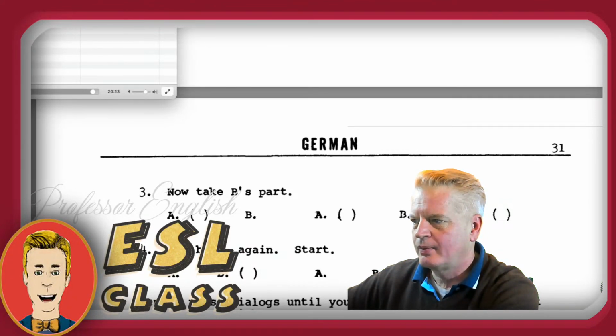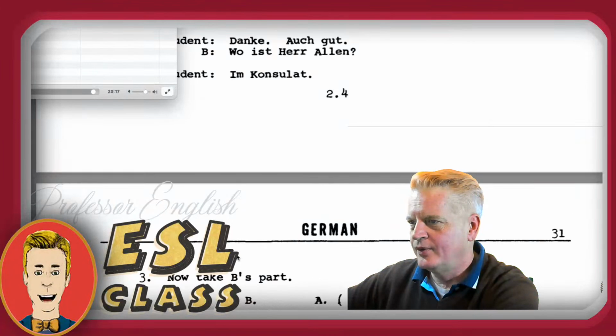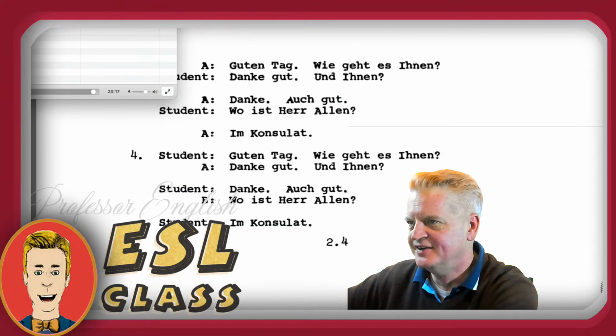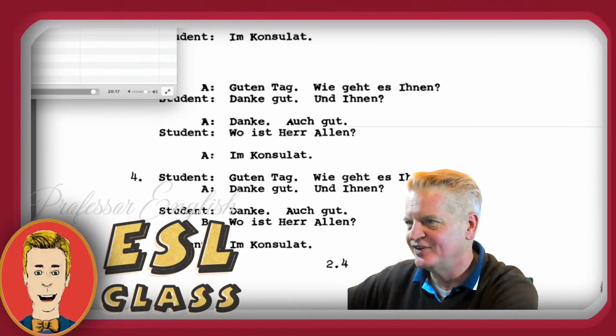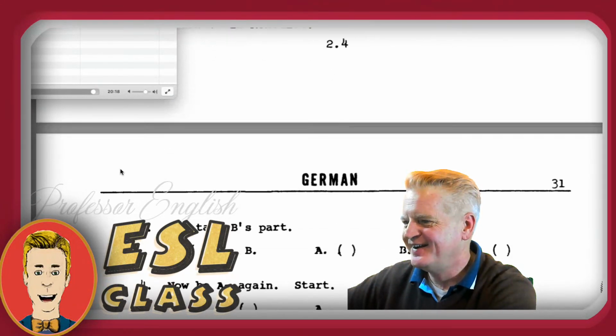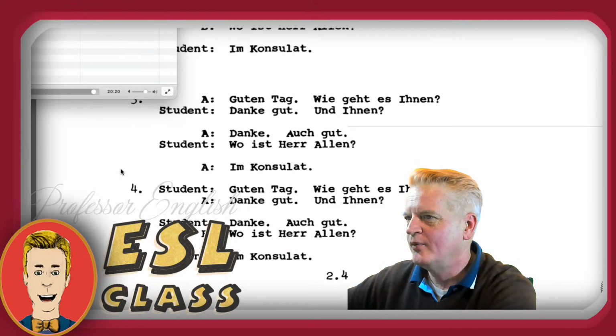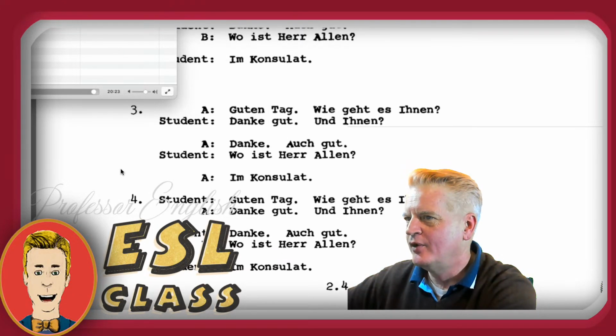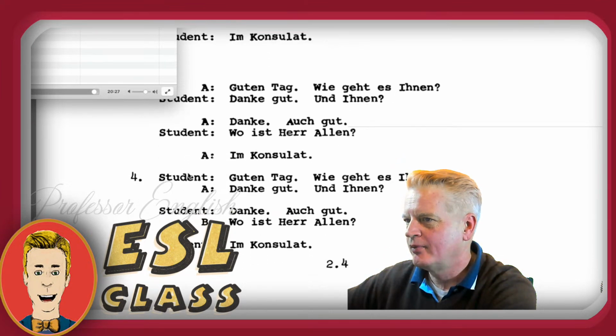Guten Tag. Wie geht es Ihnen? I don't remember the lines. We have to answer this question now. Danke, gut. Und Ihnen? Danke, auch gut. Wo ist Herr Allen? Im Konsulat.